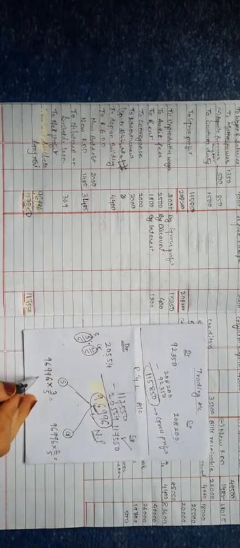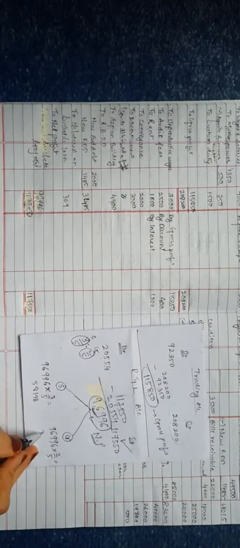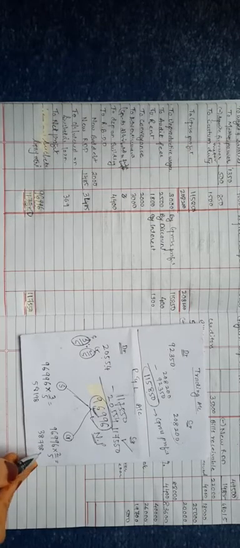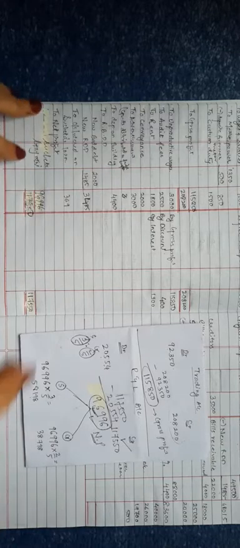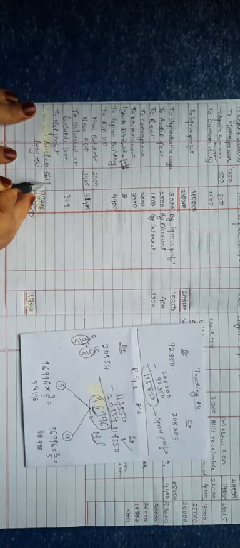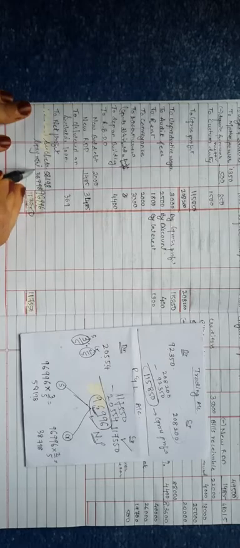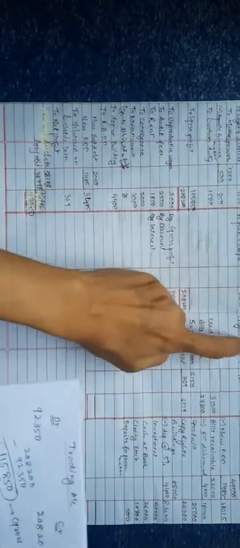For Sucheta 58,198 and for Gayatri 38,798. This only will be written in front here. So Sucheta 58,198 and Gayatri 38,798.